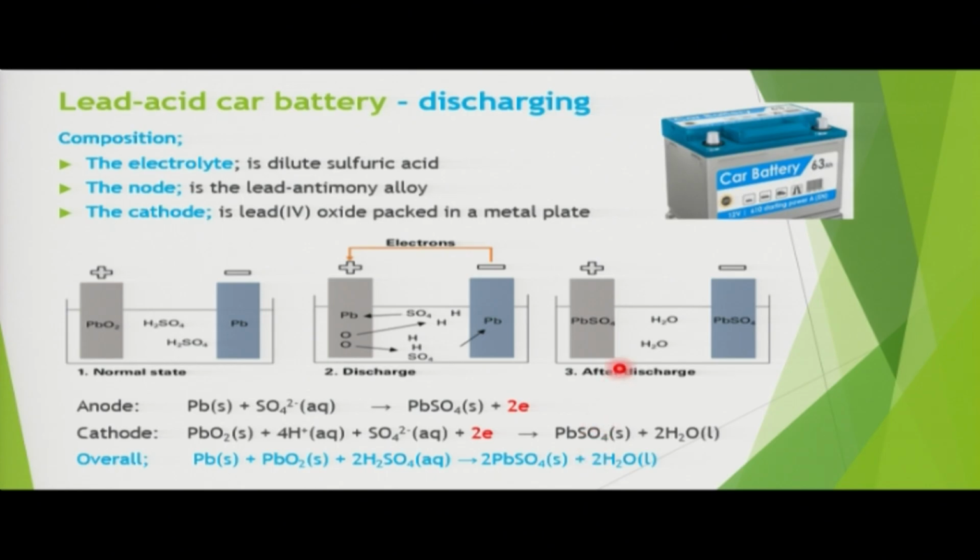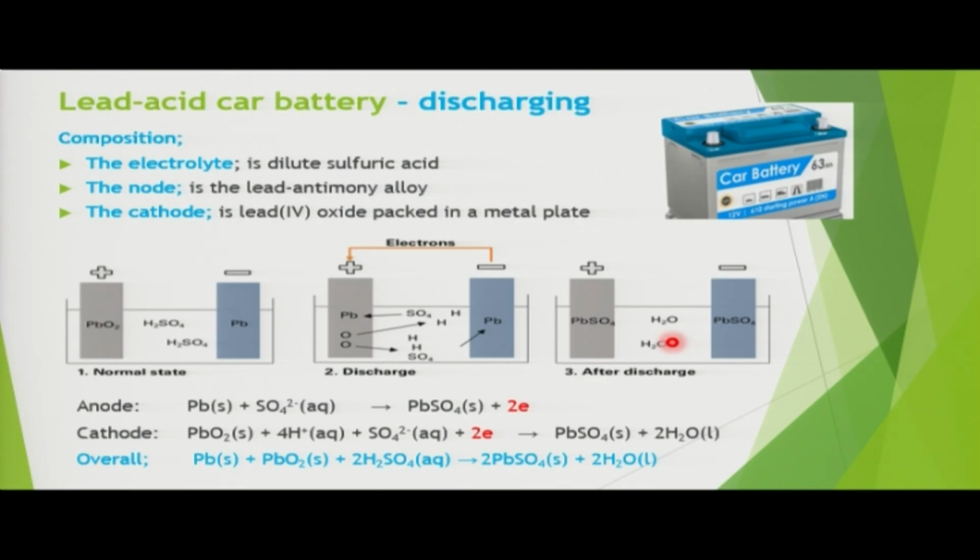So after using it for a month or so, the battery will be discharged because you will no longer have sulfuric acid. You will no longer have lead producing electrons. At that moment, there will be no more current flowing. And that is the point where we say the battery is discharged.